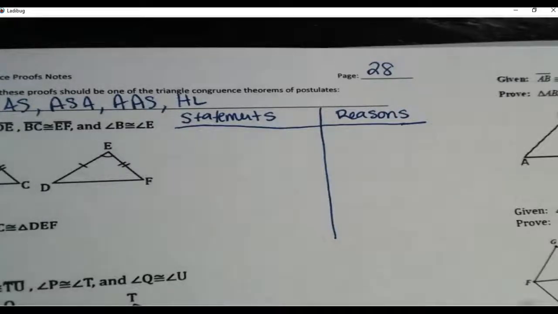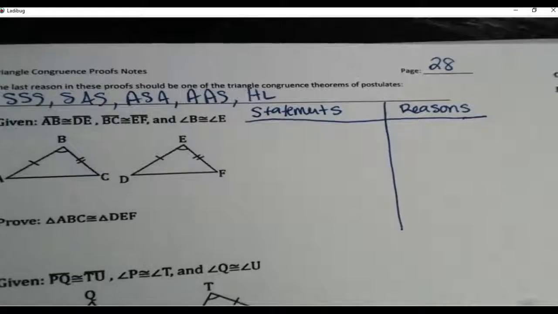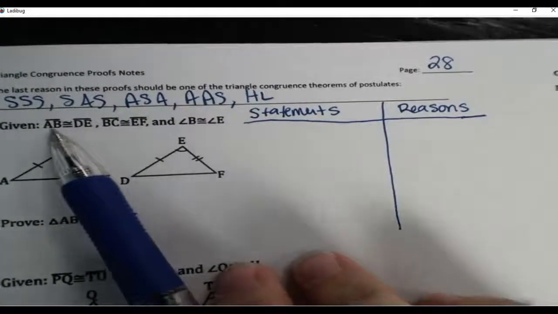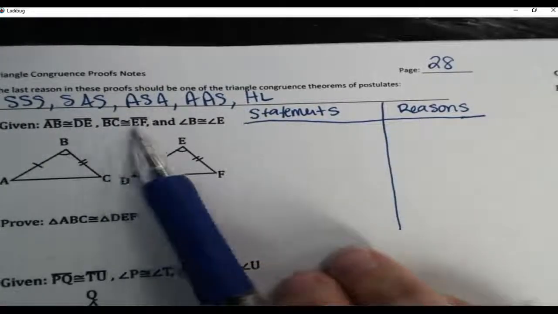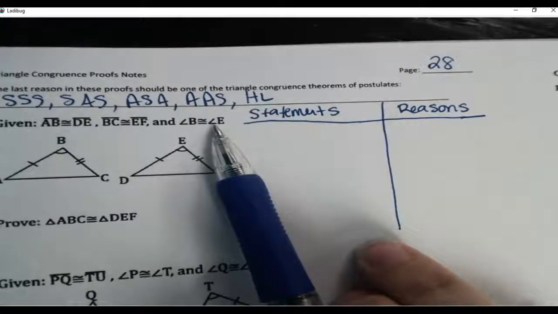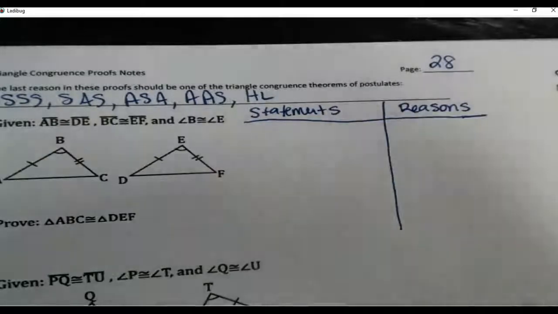Okay, so we always start with the given. How many things are we given in this? 3. So we're given AB is congruent to DE, we're given BC is congruent to EF, and we're given angle B is congruent to angle E. So our first 3 things are given.